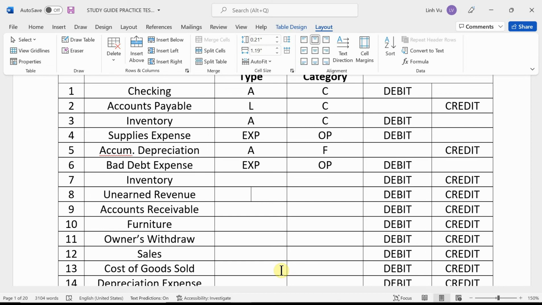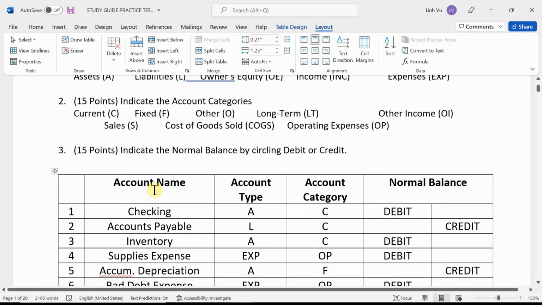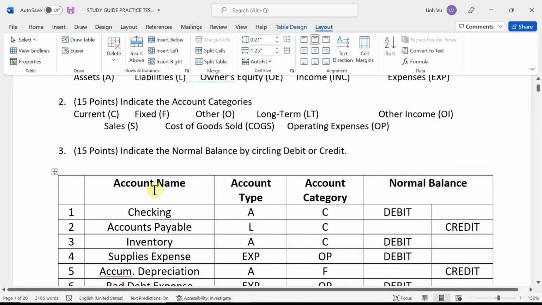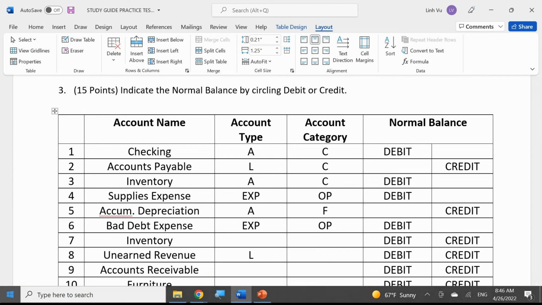Liability. Yes, because you owe them service. Now, what kind of liability would this be? So let's take a look at the review sheet one more time.